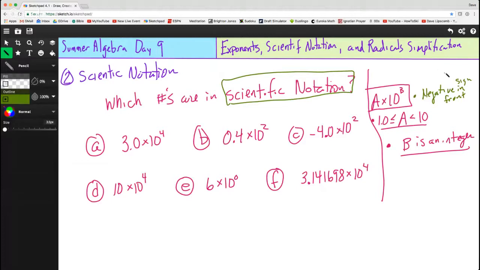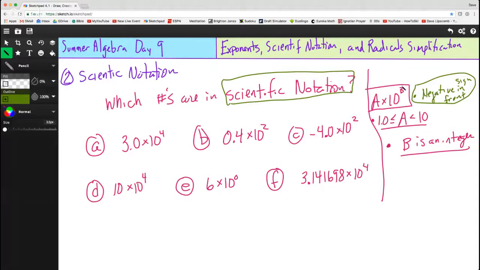So it can be an A or a negative A. A has to be between 1 and 10 after you take the negative away. You just look at the negative, decide if it's there, then you look at the A, and that has to be between 1 and 10. Now it can be 1, but it cannot be 10. It's got to be less than 10, but it can be 1.